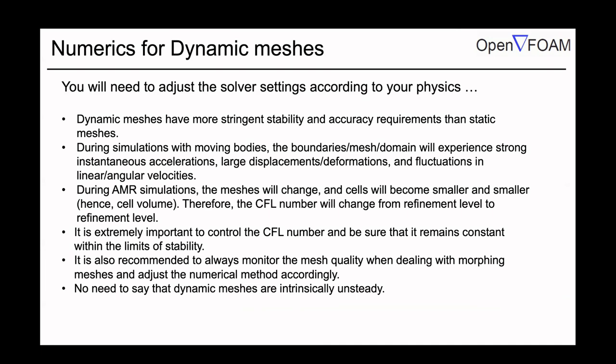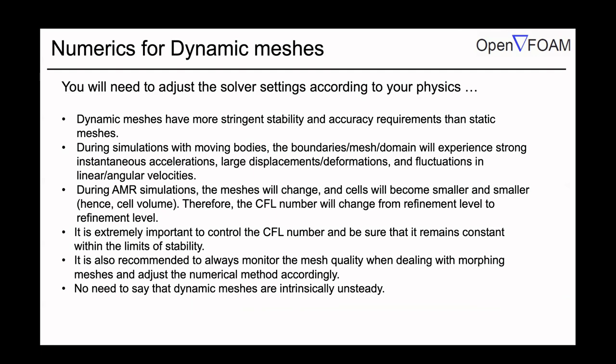As you can imagine, dynamic mesh problems are inherently unsteady problems. So they are more challenging compared to a steady problem. Particularly for the mesh morphing method, when you change the volume of the mesh at every time step, and if you have very high amplitude and frequency, your skewness and non-orthogonality keep on changing with time, and also your local cell size, the cell volume, changes.